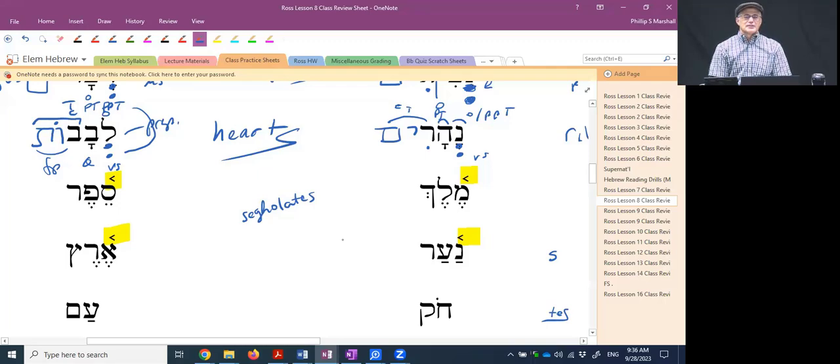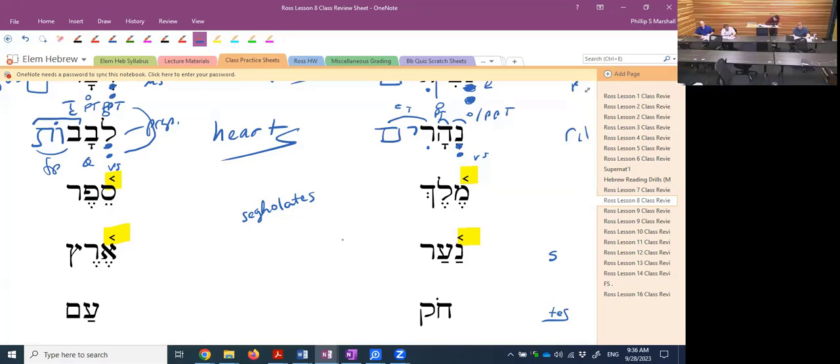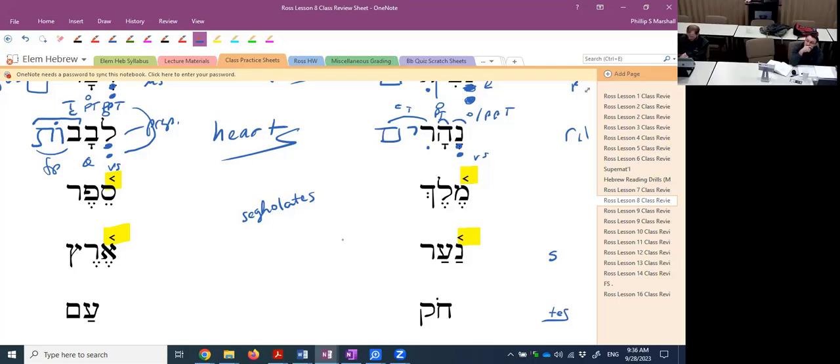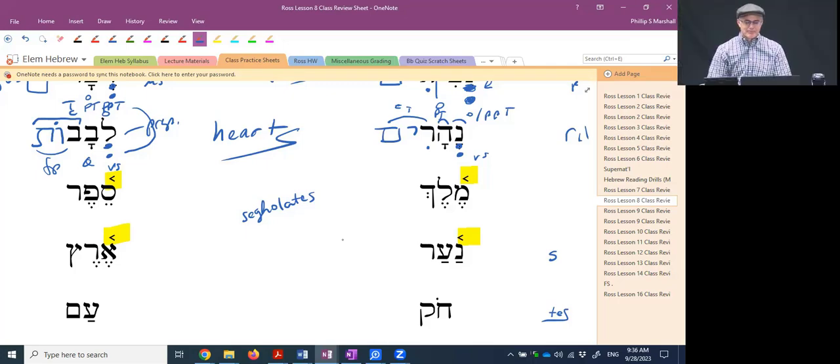Where do we normally want to stress Hebrew syllables? Last, on the final syllable. So these break that mold, right? They got to be special by stressing them on the first syllable. And they usually have what vowels? Segol. Segol, okay? Hence the name segolate.